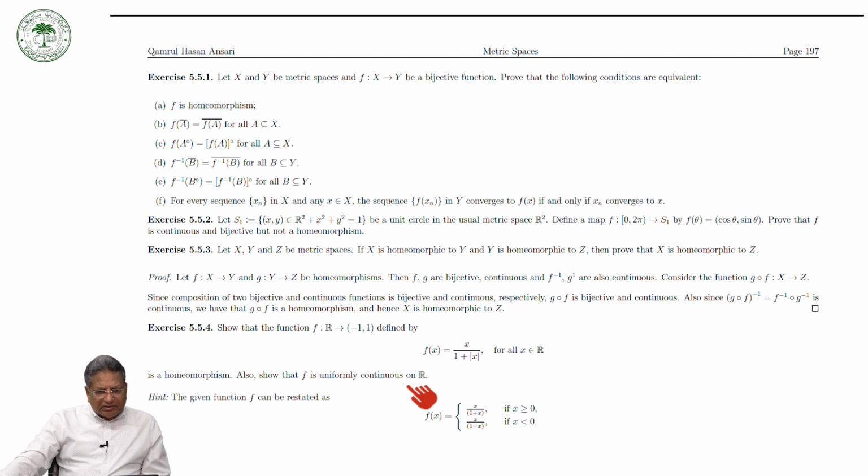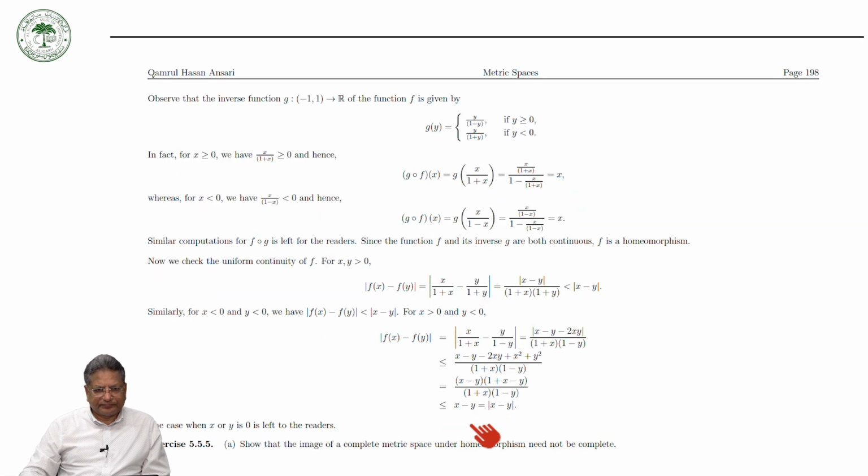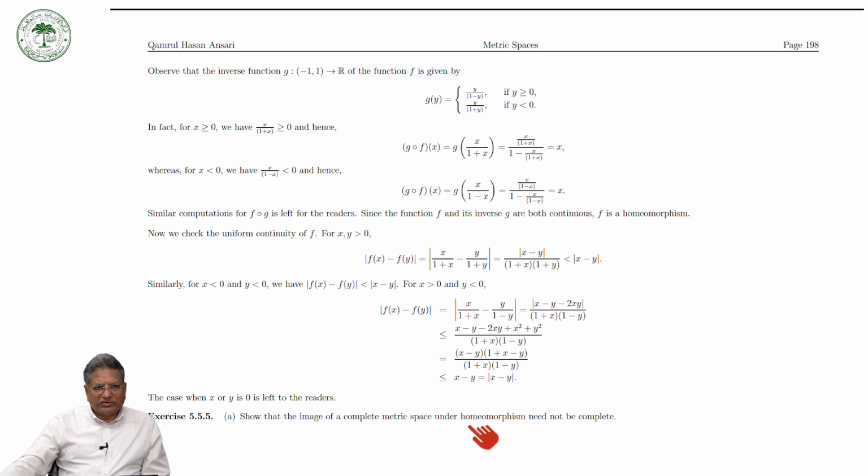You can see that f(x) = x/(1 + |x|). So if x is greater than 0, then the value of the function is this one. If x is less than 0, then the value of the function is this one. And then you can define the inverse function g in this way.